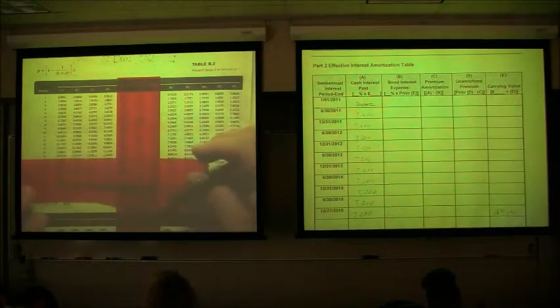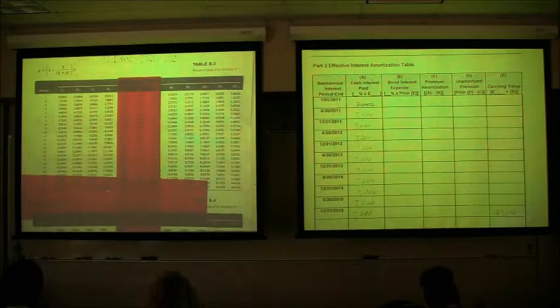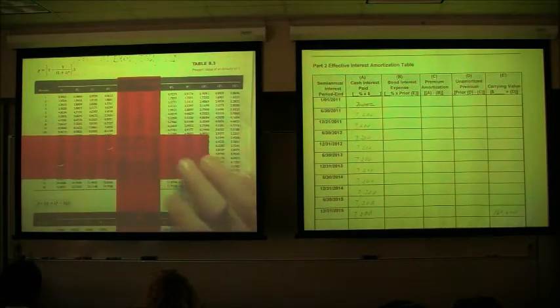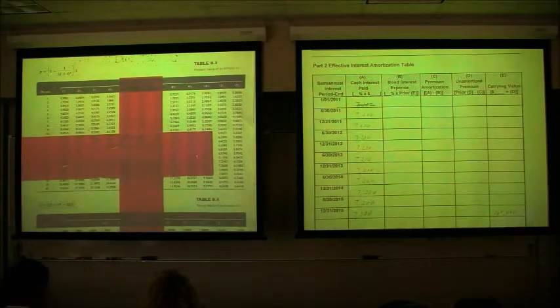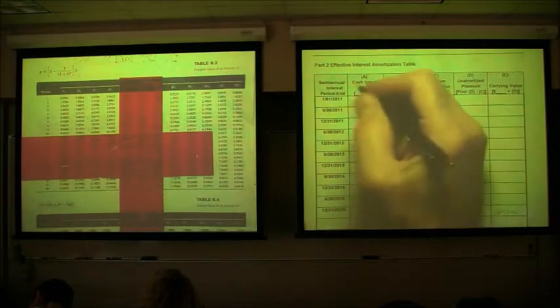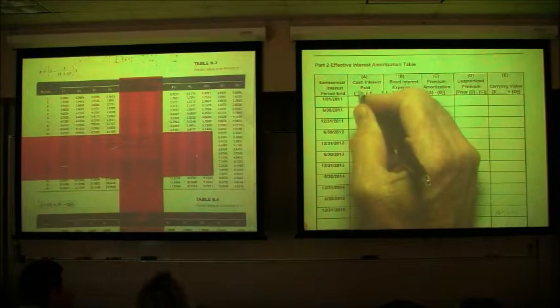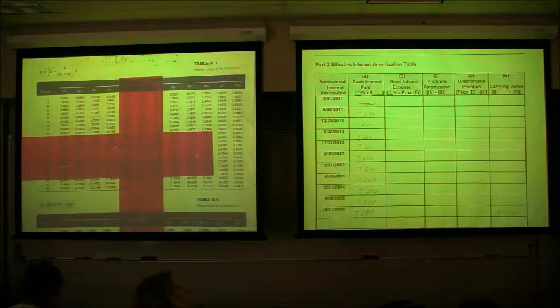And there's a total of, let me take a look here, 10 periods. Does everybody see where I'm getting the 4%? It's because it's half of 8. Just like back here, I could have 4.5% because it was half of 9. Here I'm going to use 4% because it's half of 8.